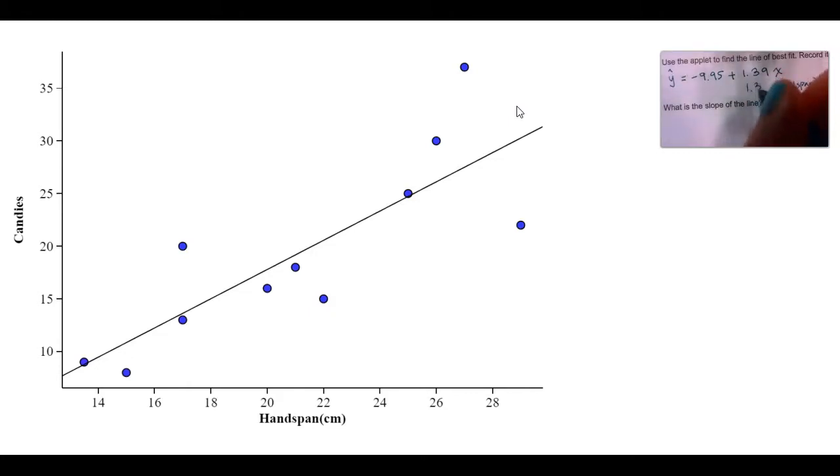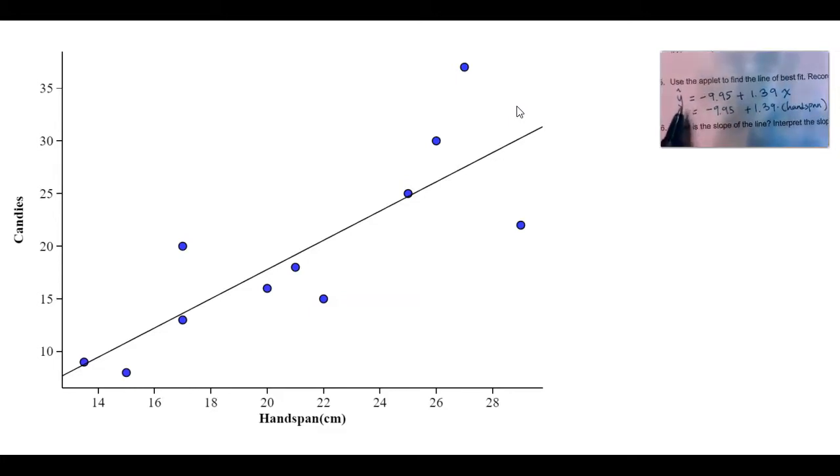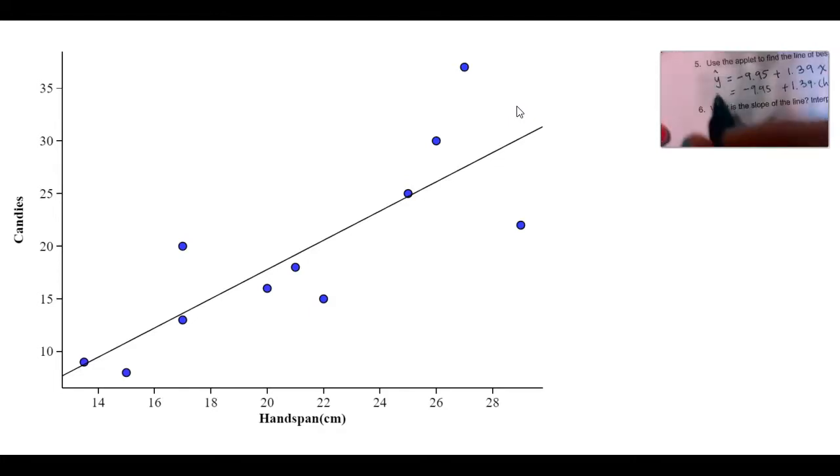So negative 9.95 plus 1.39 times handspan is equal to, what was the y value? Y value is the number of candies. So candies, there you go. So that equation right here fits the situation that we are dealing with, correct? Okay, so I'm going to pause the video and then go back to the full screen of the papers here.